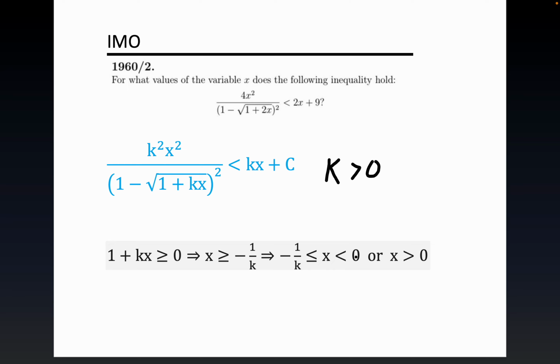Notice 0 has to be excluded, because if x were equal to 0 right here, you would have a division by 0. That would make this 1 minus 1 down here, and we'd be doing an undefined divide by 0. So that explains why we have the strict inequality, while we're excluding 0, as you can see right here.